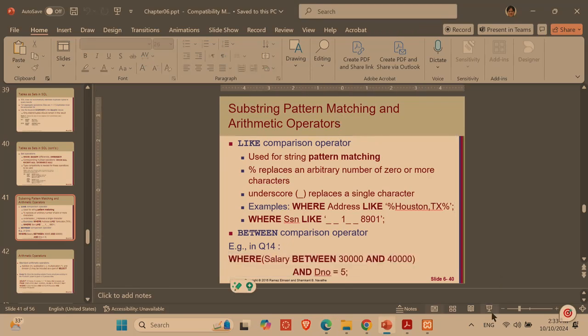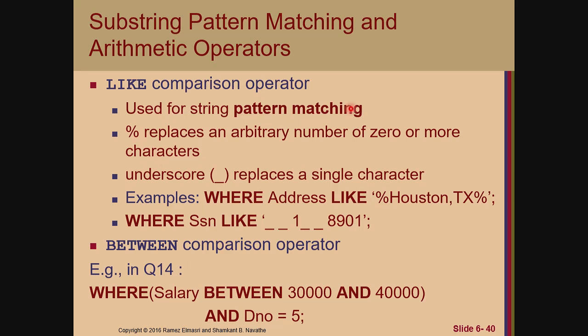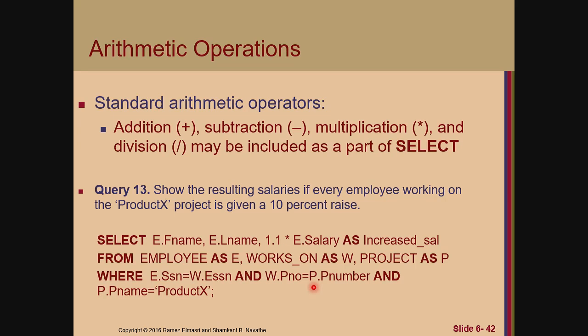They show how to use the pattern, like including some characters, or you can use underscore instead of a character, and also use between in the command. And then, we already know standard arithmetic operations.